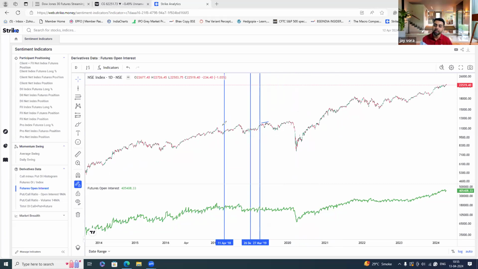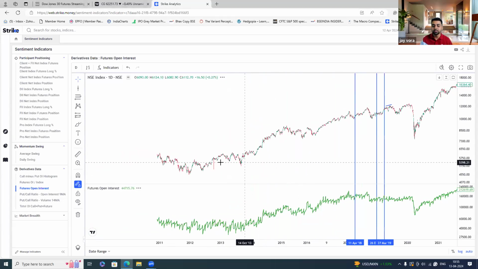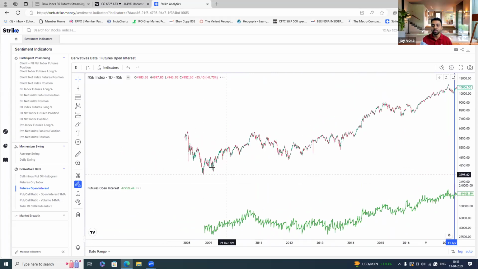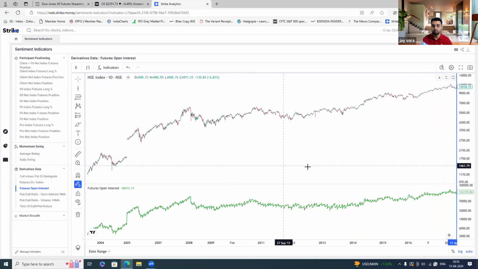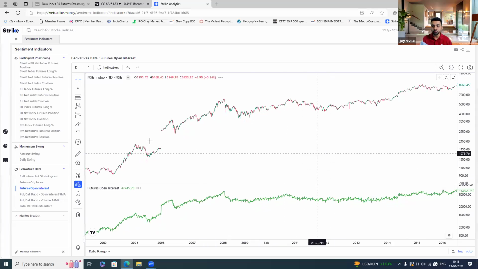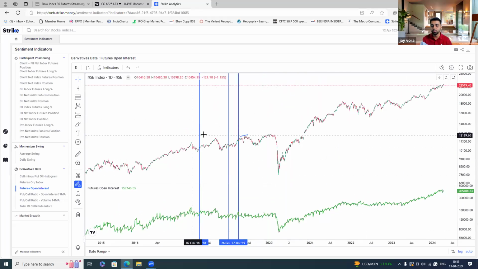So when you're not making money and you're losing consistently, you will drop your volumes or your trading activity, and that eventually gets captured in the open interest. So every preceding rise may have somewhat lesser open interest eventually at the top.